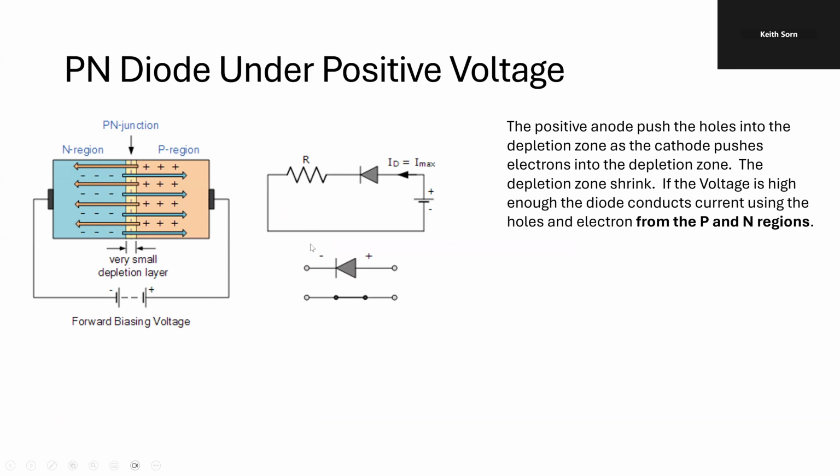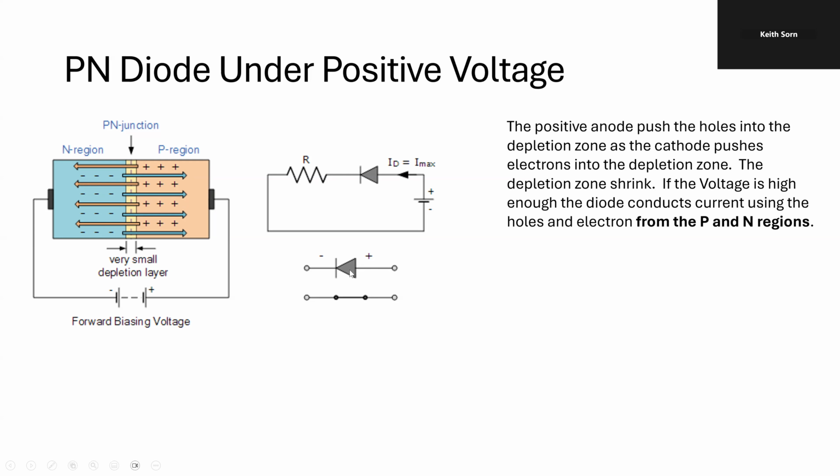Under a positive voltage, the depletion zone shrinks or retreats or gets smaller, whatever word you prefer to use. The energy to go over the depletion zone is less. So if we put a positive voltage across the depletion zone, we're going to be able to get some current.